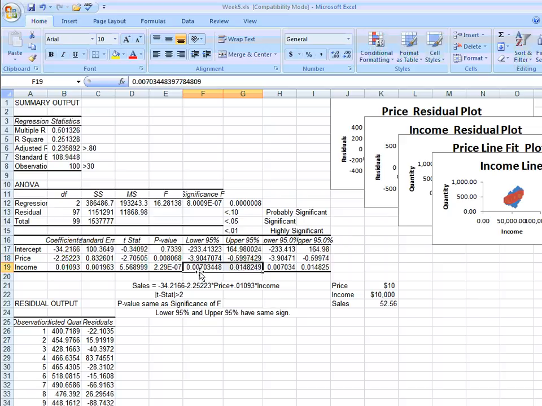Similarly down here, they're both positive. So there's a positive relationship. That's good. If you have one where your p-value is, let's say, 0.06, 0 will be in the range, but it will be near the edge of the range. In which case you say it's probably significant or possibly significant.